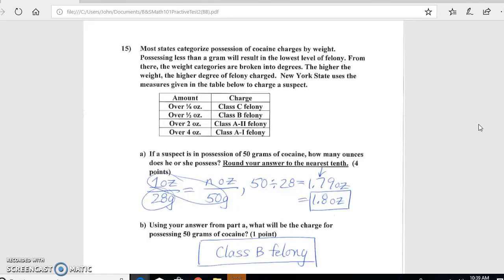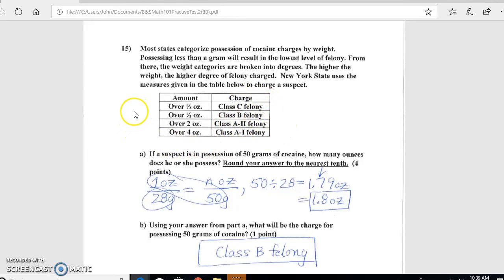The higher the weight, the higher the degree of felony charged. New York State uses the measures given in the table below to charge a suspect. In the left-hand column, we have the amount of the cocaine, and in the right-hand column, we have the charge.